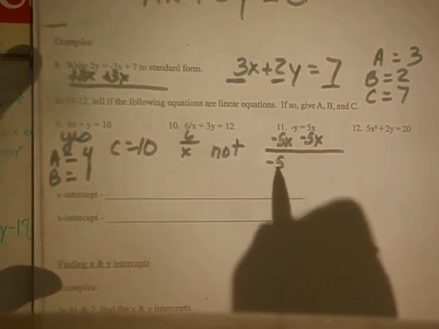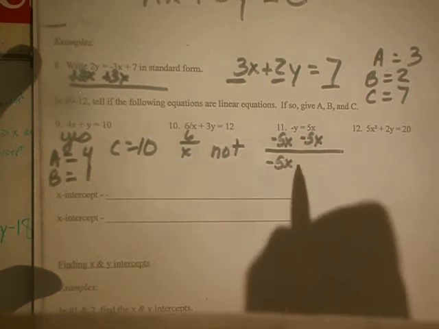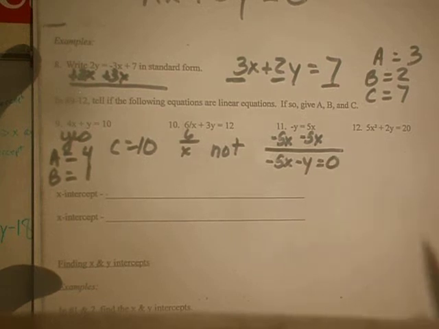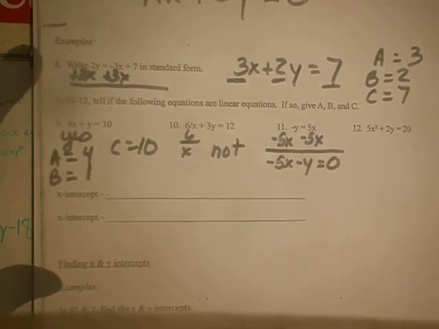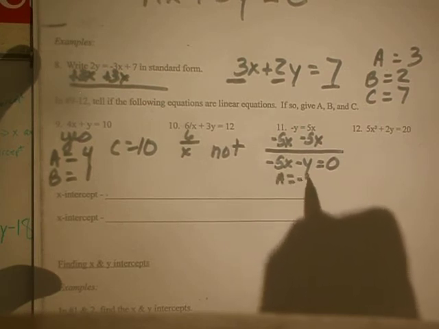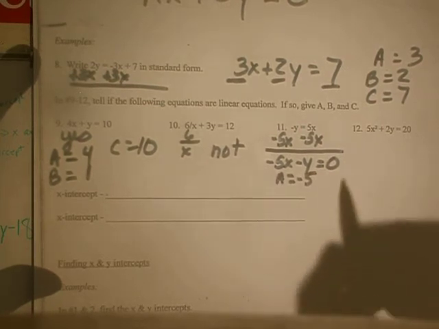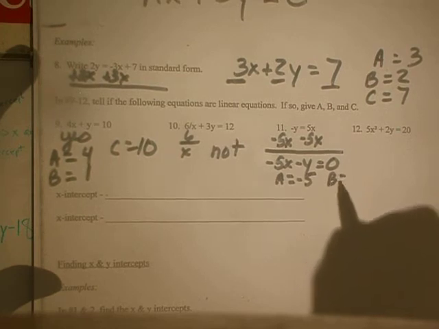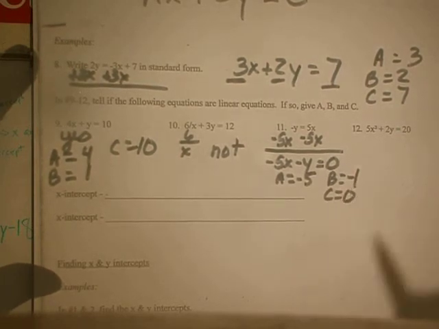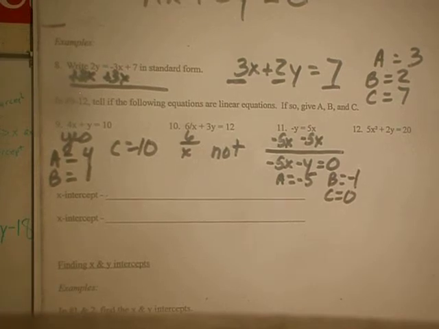And we then have negative 5x, subtract y equals 0. And the a is the number in front of the x, which will be negative 5. The b is the number in front of the y, which is negative 1. And the c is the number, which is 0.